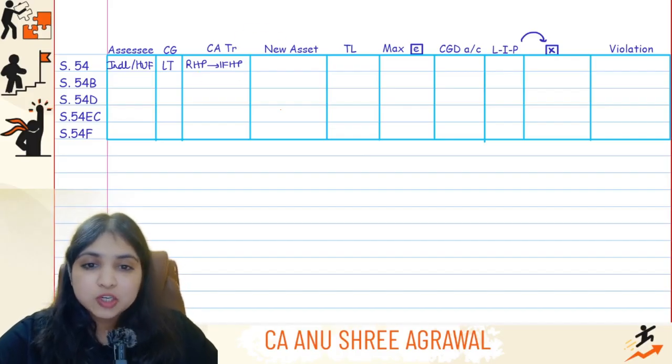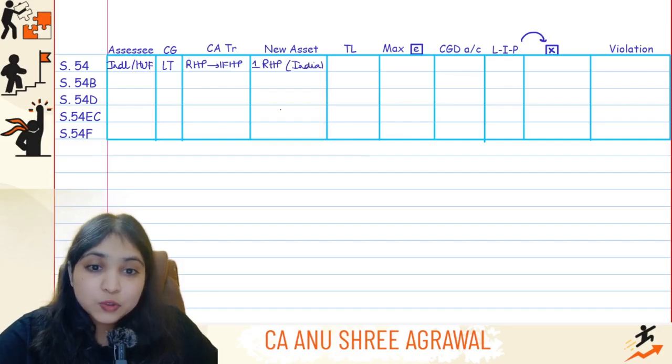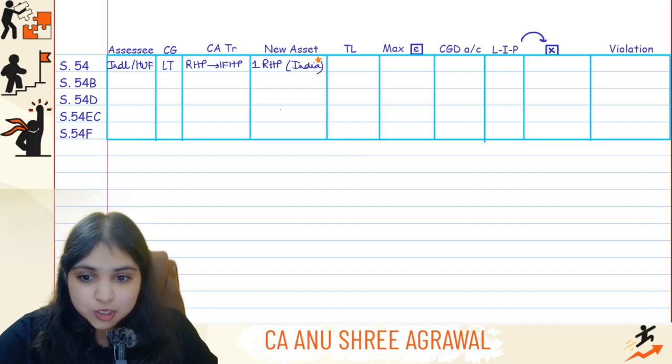Okay. Then comes a new point. What is the new asset that you're buying under section 54? Under section 54, either you should be buying or you should be constructing one residential house property in India. However, you know, right, over here there's an exception, guys. What is the exception? Come on, tell me. Let's put an orange star over here.